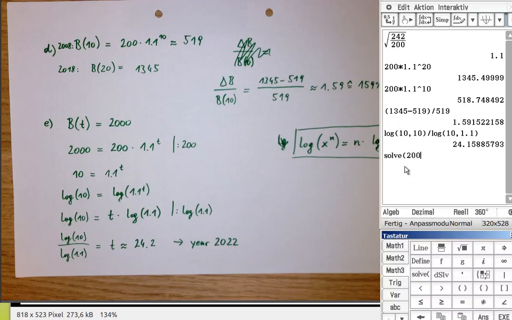We want to solve the equation 2000 equals 200 times 1.1 to the power t, and we want to solve for the variable t, so we use just a comma and t, and we get the same solution as above. So our calculator can solve this kind of equations for us. This is how you can solve the equation by hand.